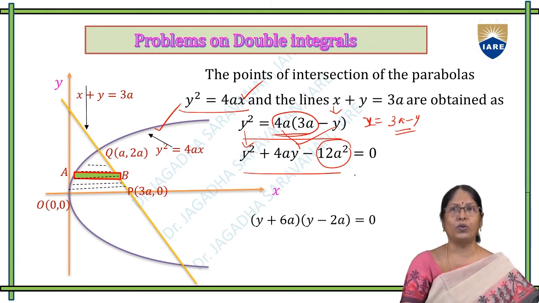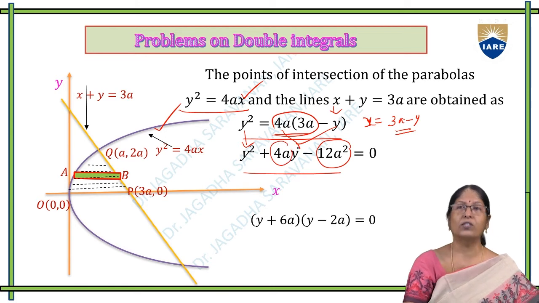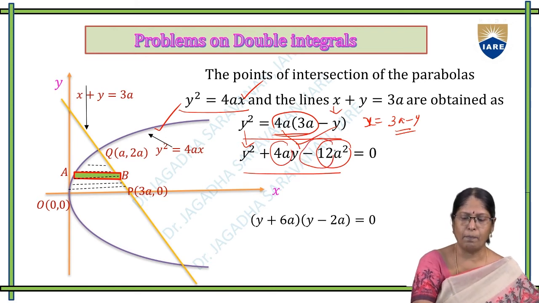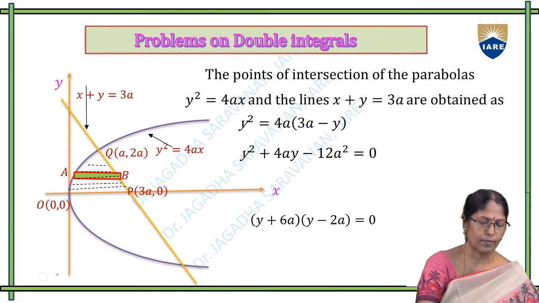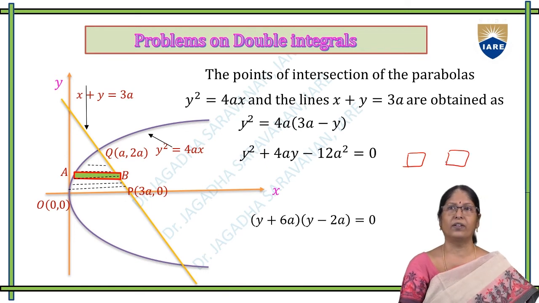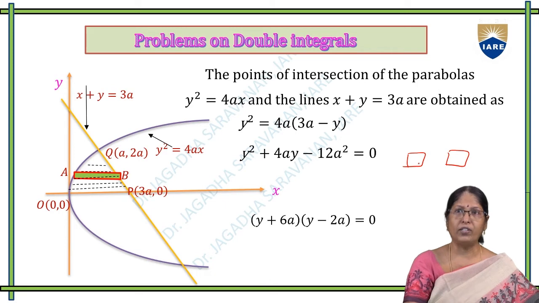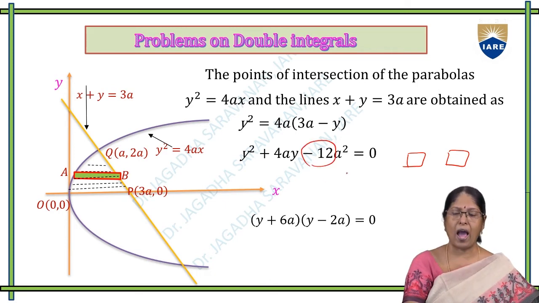Thus we have to do the factorization: here plus 4a is there, here minus 12a square. So we select two numbers which multiply to give minus 12 and add to give plus 4.